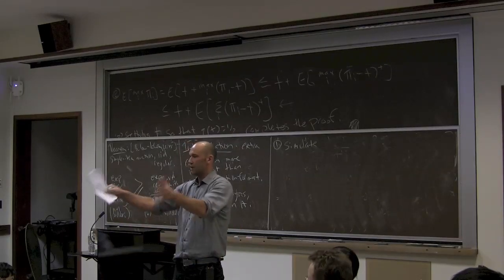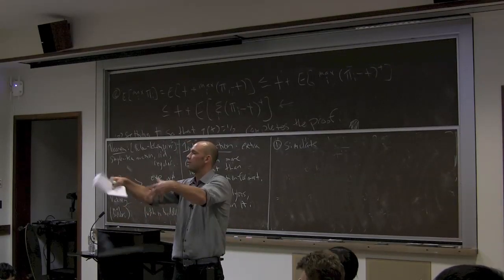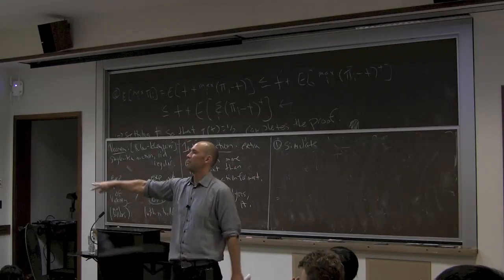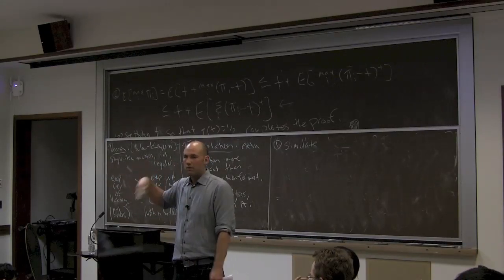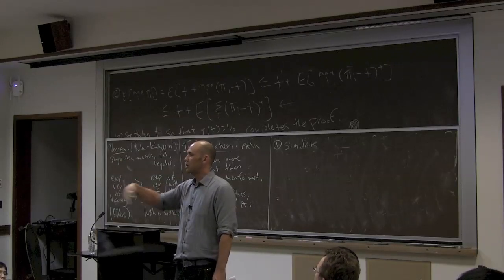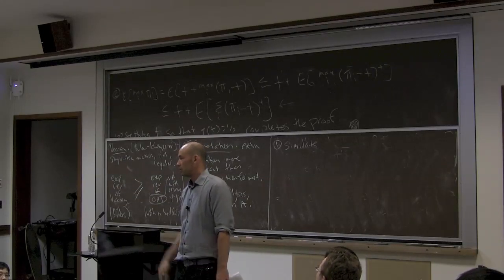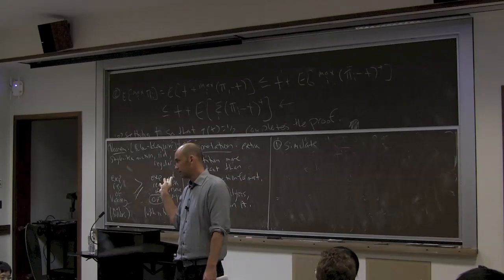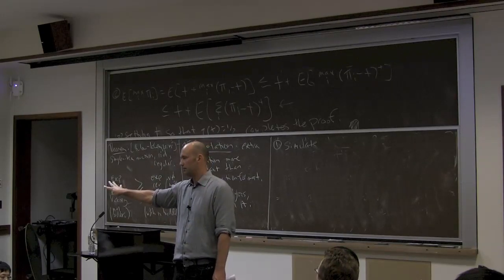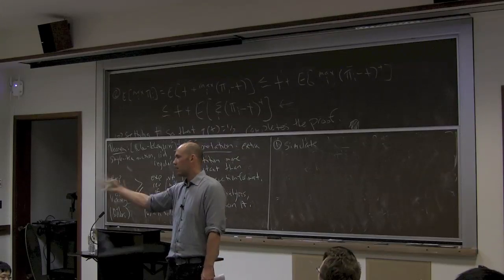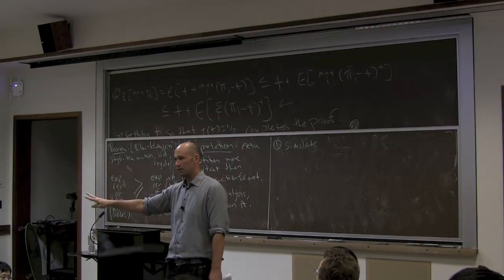Which really just means we run a Vickrey auction with a suitable reserve with just the first n bidders. We've left bidder n plus 1 aside in this fictitious auction A, okay? Now you run a revenue maximizing single item auction, you might sell the good, you might not. So if we don't, in this auction A, then as a backup, we give it to the last bidder for free. Okay? It's not clear why I'm doing this yet. I just want to make sure you understand the definition.